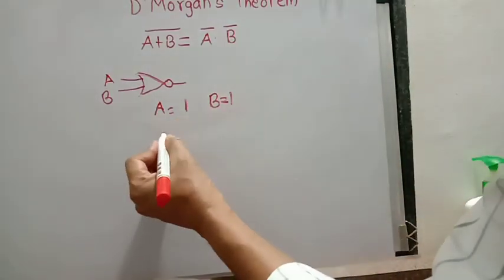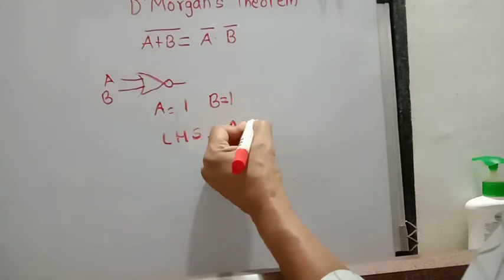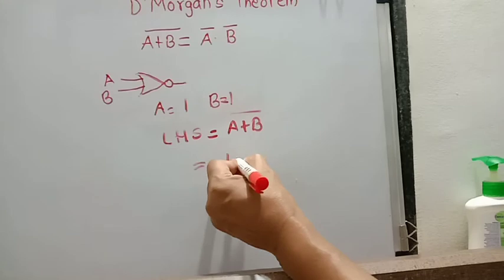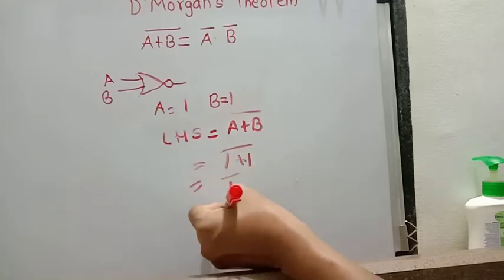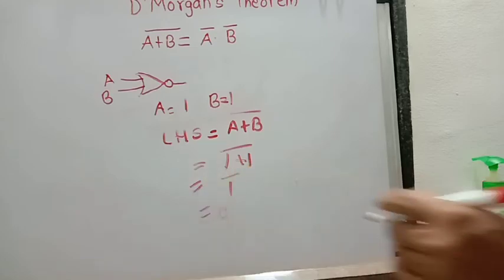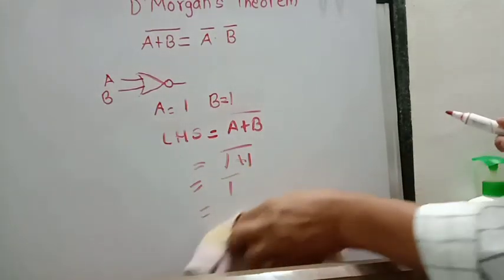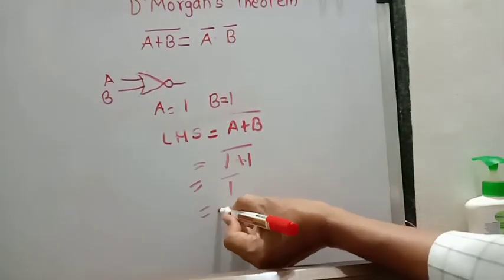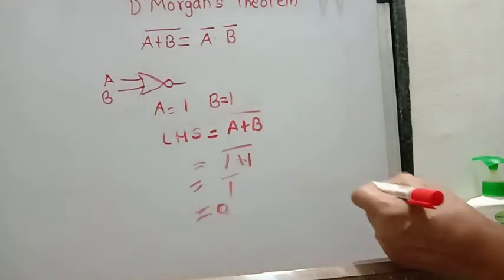LHS is equal to A plus B bar. So 1 plus 1 bar, that is 1 bar, that is equal to 0. 1 bar means 0.